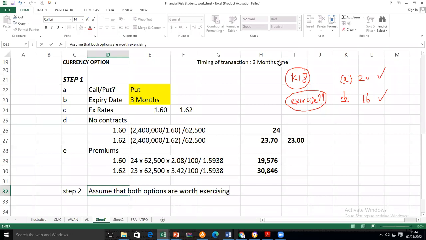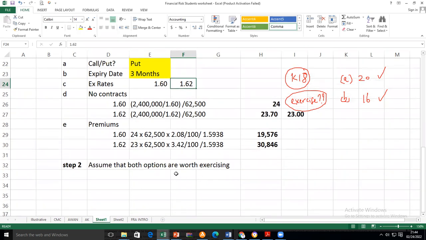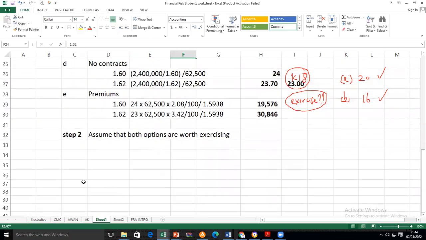This is the way to move. Assume that both options are worth exercising. That one and that one. And therefore now we can show what is the final outcome.